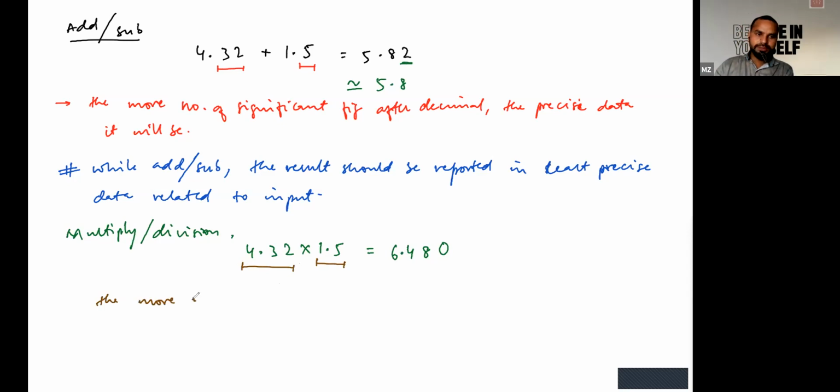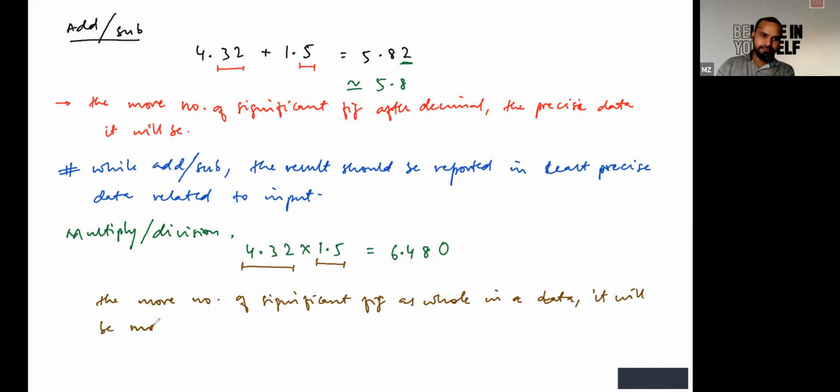The more significant figures as a whole in our data, the more accurate it will be.